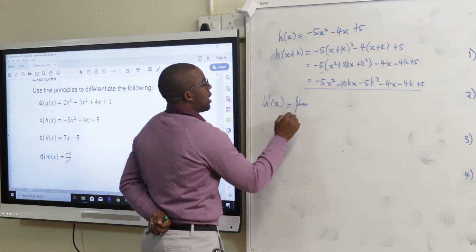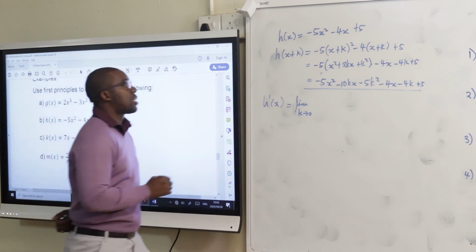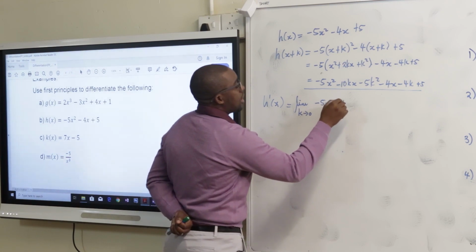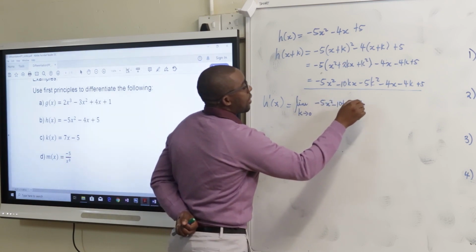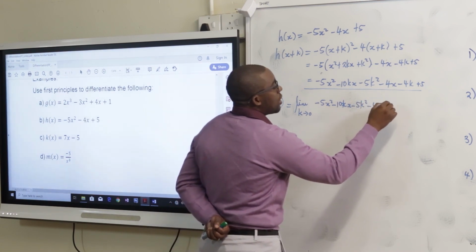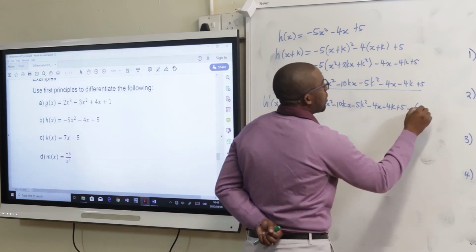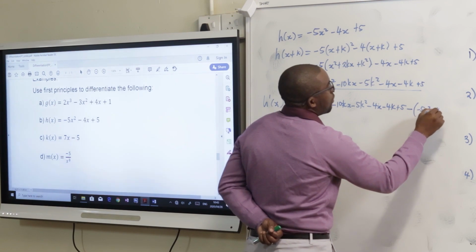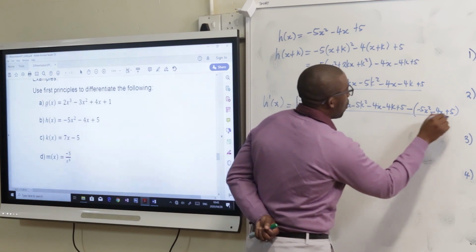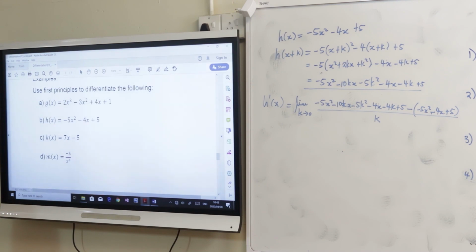Limit as k goes to 0 of minus 5x squared minus 10kx minus 5k squared minus 4x minus 4k plus 5, minus (minus 5x squared minus 4x plus 5), all over k.